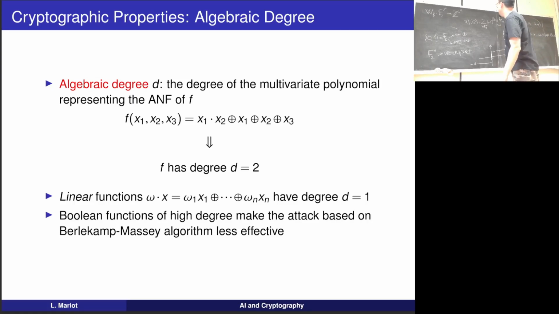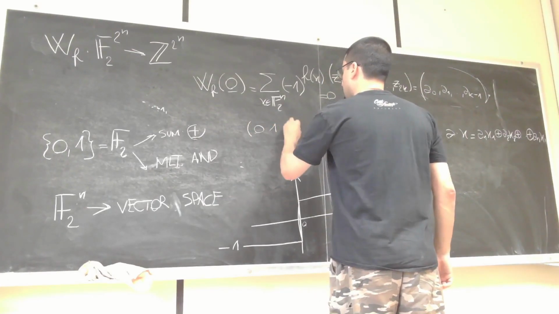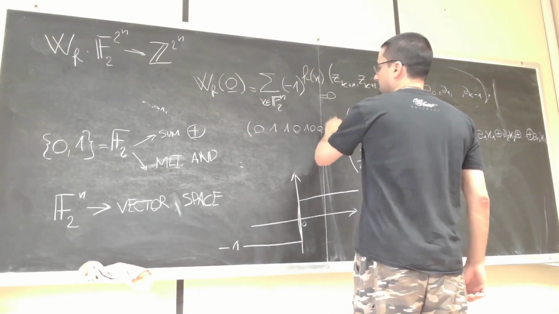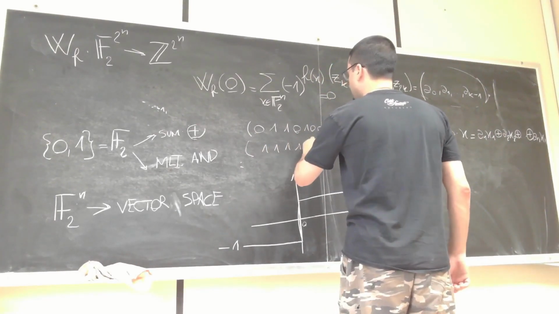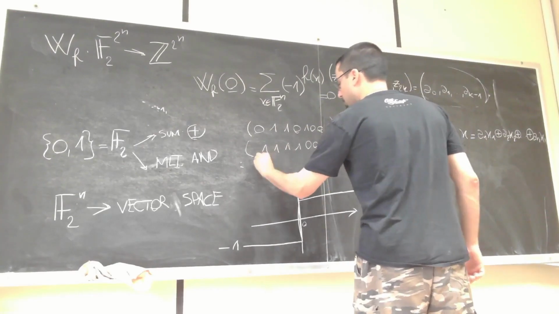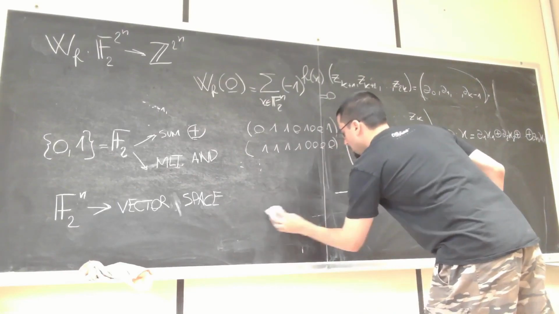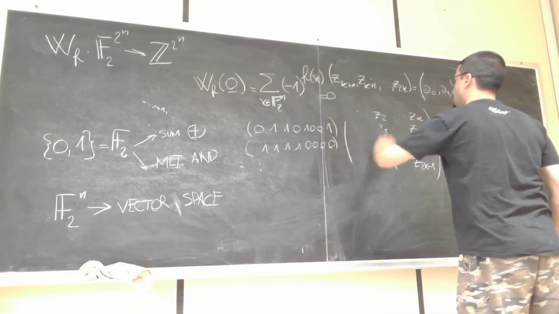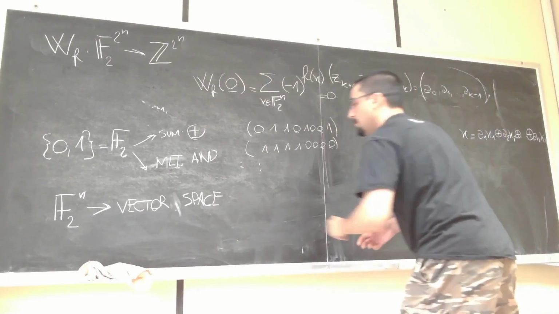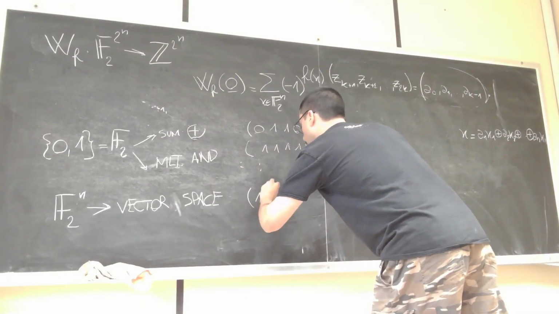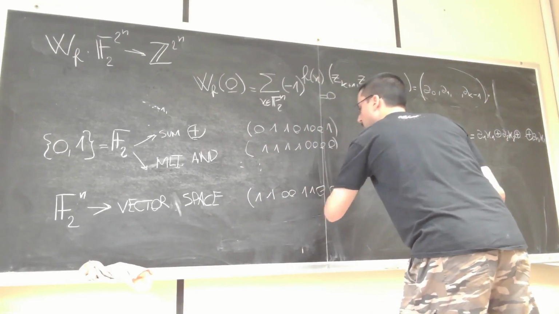So for each possible linear function, I'm just inventing these, I don't know if these are really linear or not, but just to give you an idea. So we will have 1, 0, 0, 1, 0, 0.